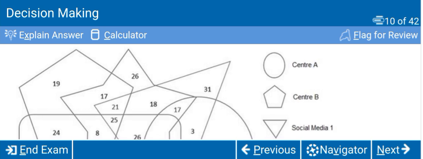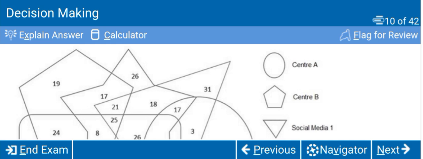So here we have these shapes with some numbers, and you can see which shape represents which center. So the first shape, that is some oval-like shape, represents Center A.